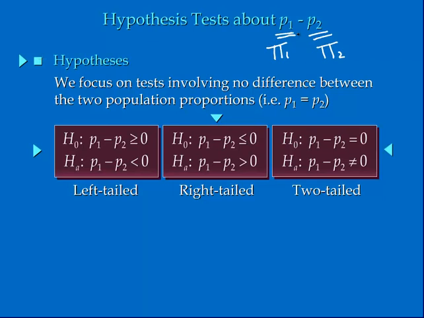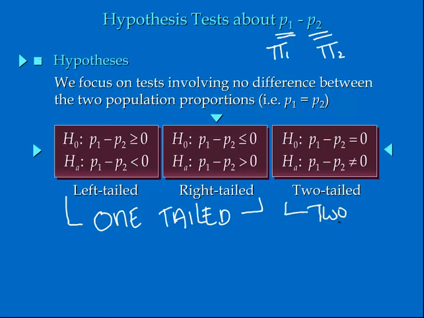Now, in general, there are three types of hypothesis tests. This is just a little bit of revision. There are two one-tailed types of tests, both of these. And there's also a two-tailed test, and what's characteristic of the two-tailed test is the not equal to sign in the alternative hypothesis.